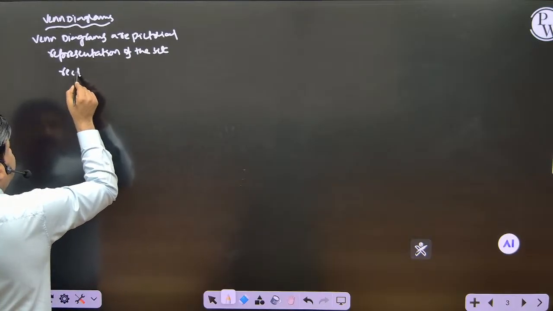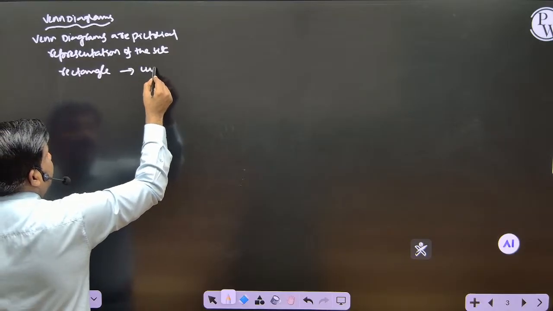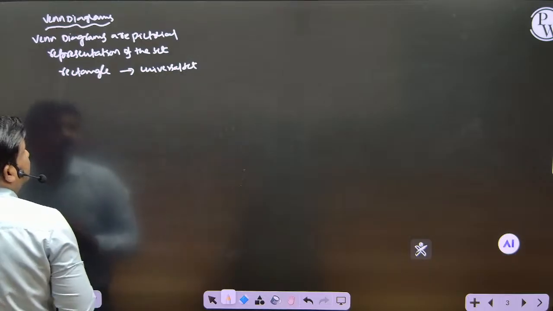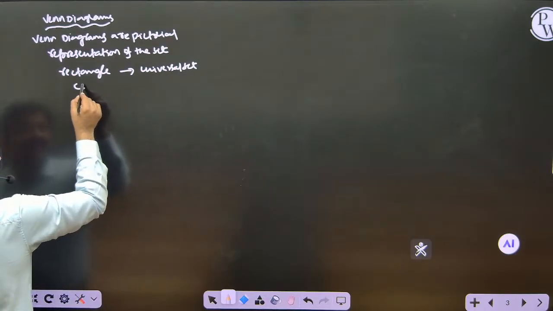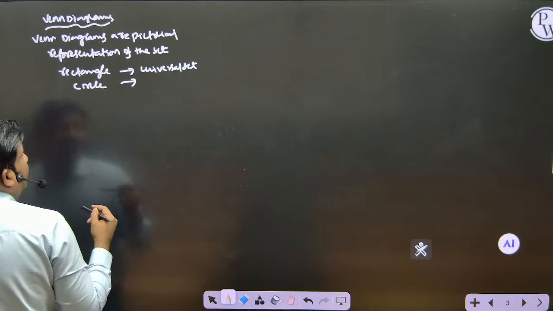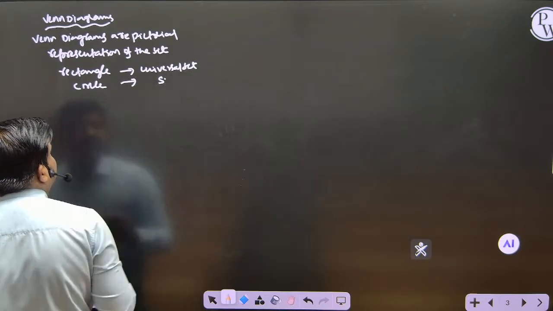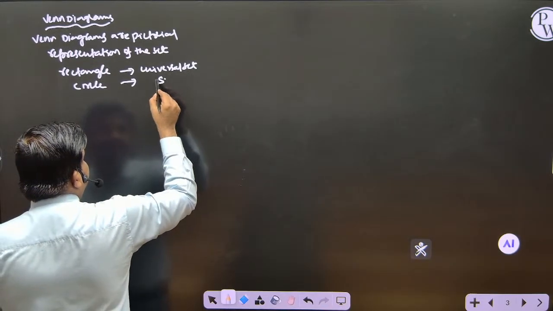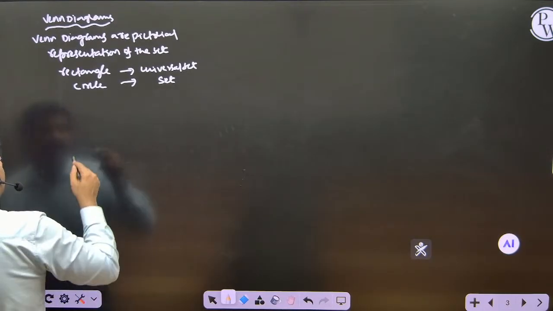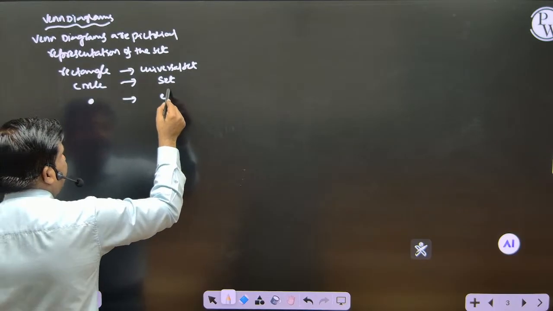But what is that pictorial representation? A rectangle gives the universal set. A circle gives a set, the representation of a set. A dot gives an element of the set.